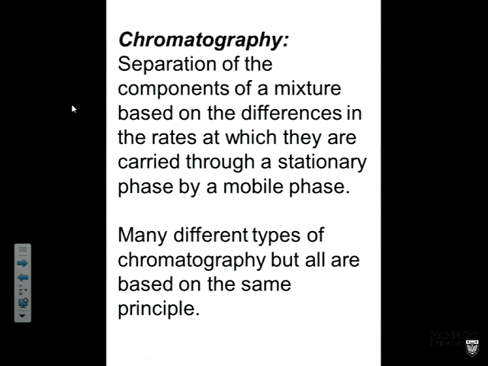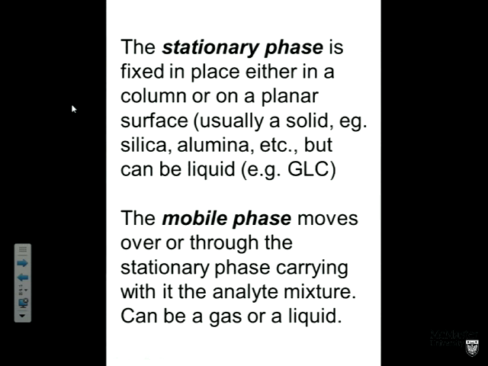If, on the other hand, 90% of the molecules of your second compound, your impurity, for example, are in the mobile phase, and only 10% are stuck on the stationary phase, then that compound will travel rapidly through the column. There are many different types of chromatography, but all are based on the same principle.